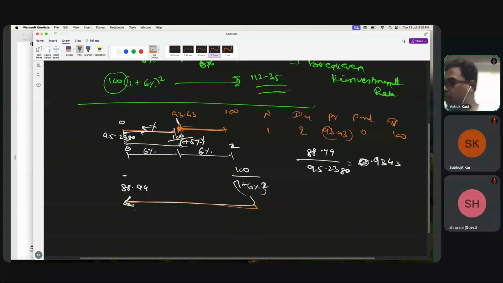Just calculate what the I/Y is coming to. 0.5733.